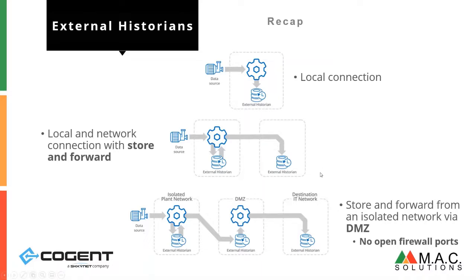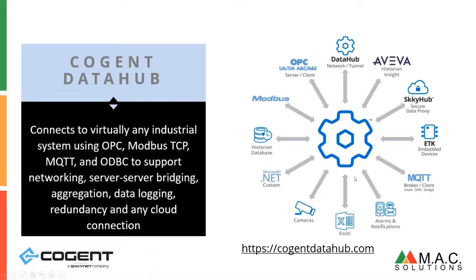I think we've covered almost everything that we want to talk to you about today. But last thing is all about DataHub. DataHub doesn't only have external historian, but it also supports OPC, all the flavors of OPC with TCP, Modbus TCP, MQTT. It acts as an MQTT broker as well as a client. And when we talk about the client, it can publish and subscribe.